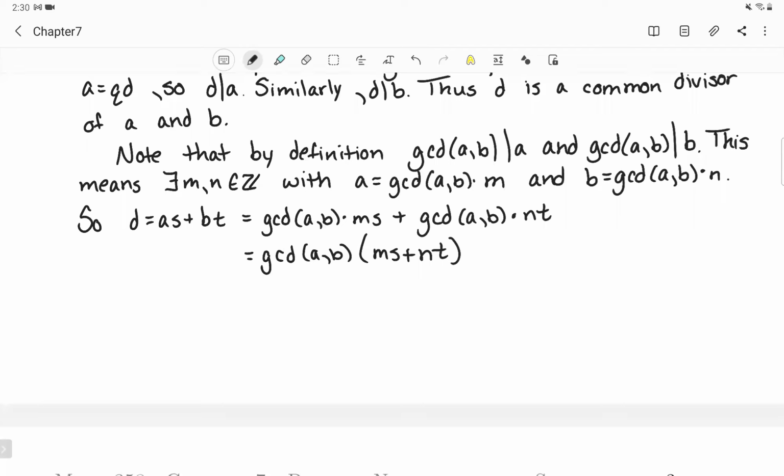Okay. So what does that mean about the GCD in comparison to D? Which one divides which according to this? The GCD divides D, right? Because GCD times some integer gives me D. D is a multiple of the GCD. Thus, GCD of A,B divides D.